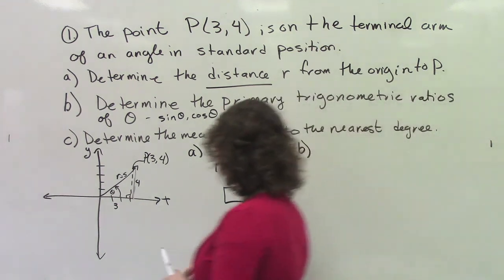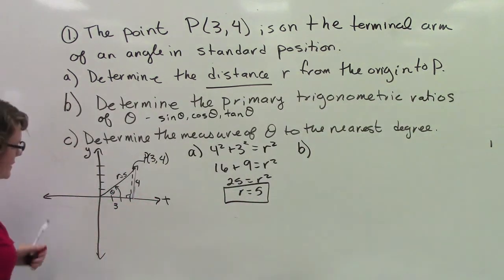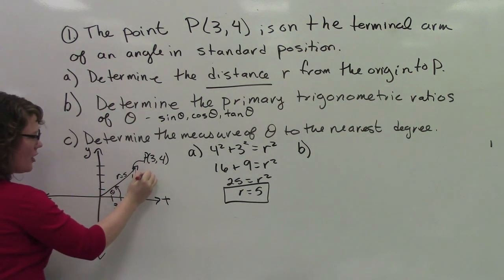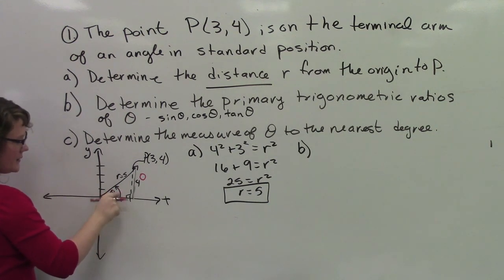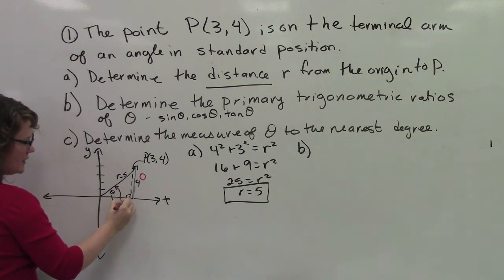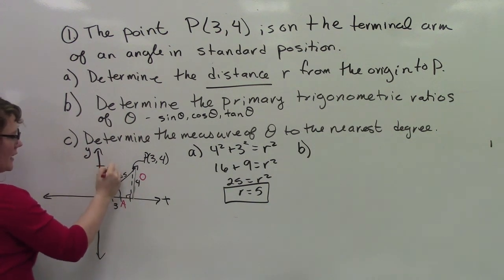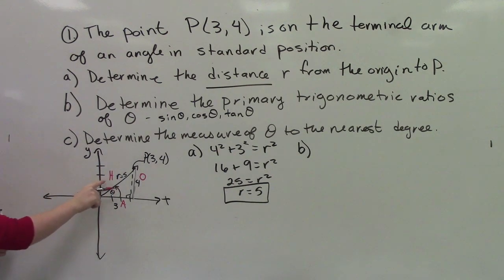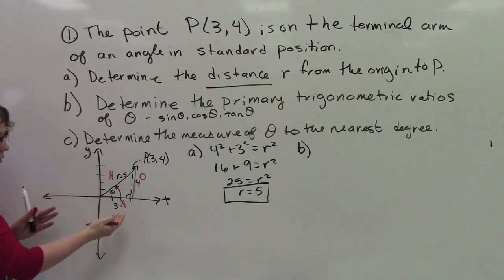So then knowing that, let's just write what our opposite, adjacent, and hypotenuse are. The length that's opposite is this, opposite. The length that's beside it is this, adjacent. And this guy right here is our hypotenuse. Sometimes people find it helpful if they label the hypotenuse first, because sometimes it's like, what's hypotenuse?